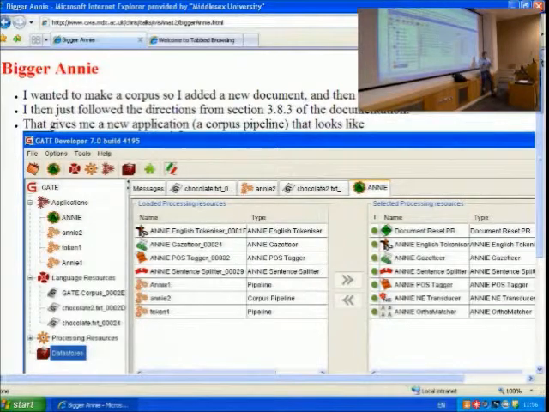You're just looking for solid words. I'm looking for New York, I'm not looking for new, proper noun, York, proper noun. So I think in this case you don't, but in general there are constraints. That's why it's a pipeline. So that pipeline came up when I followed section 3.8.3, which said load the ANNIE application.